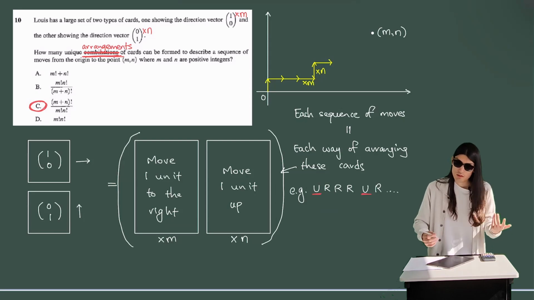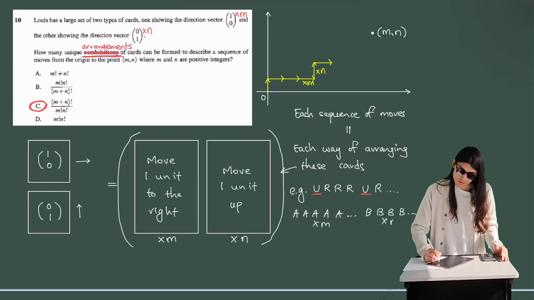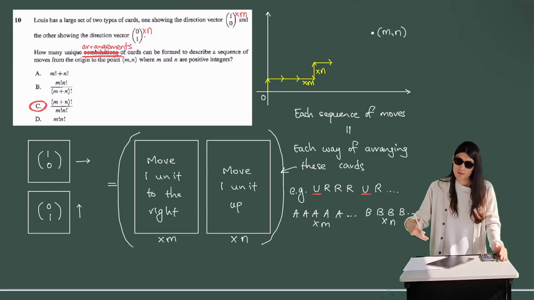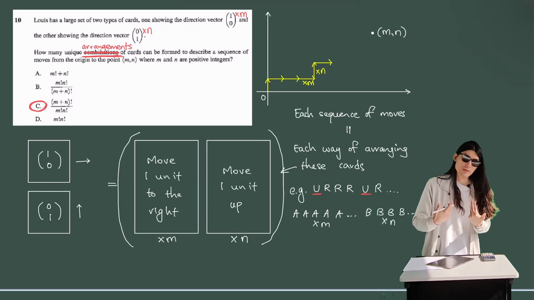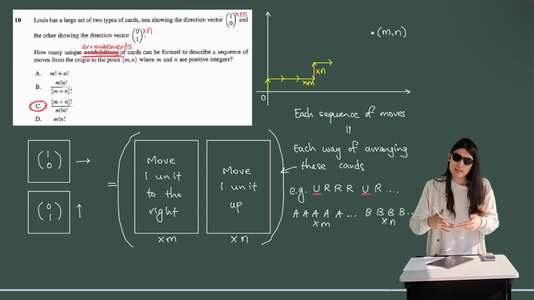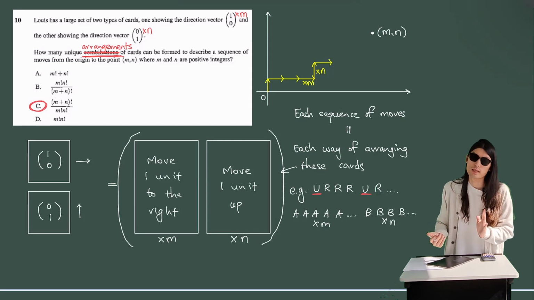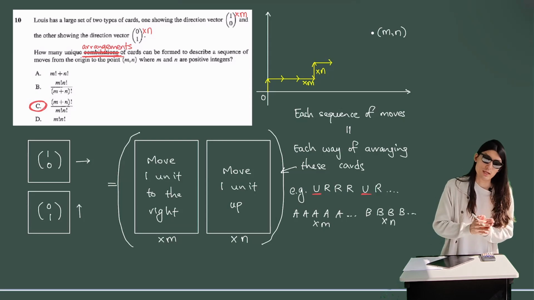It's the same thing as the number of ways of arranging A, dot dot dot, where you have m of these, and B, dot dot dot, where you have n of these. In other words, it's the same thing as the number of ways of arranging the letters of a word, but with repeated letters.